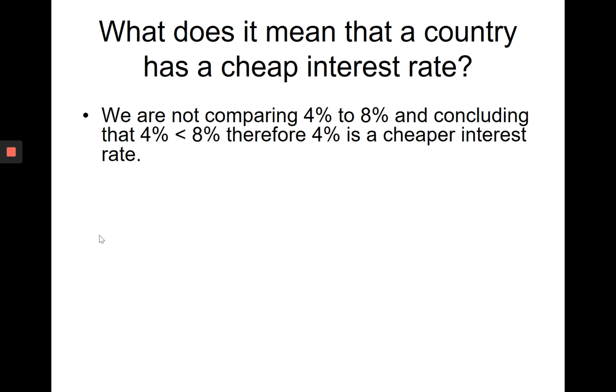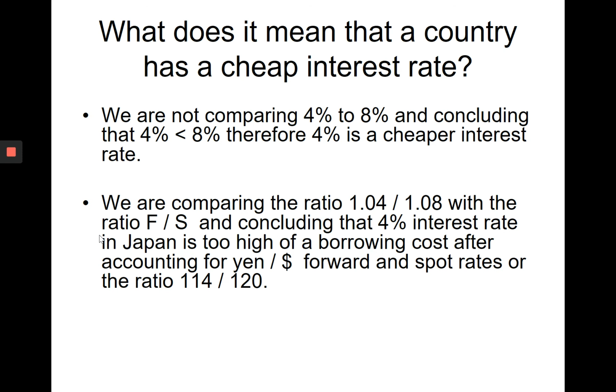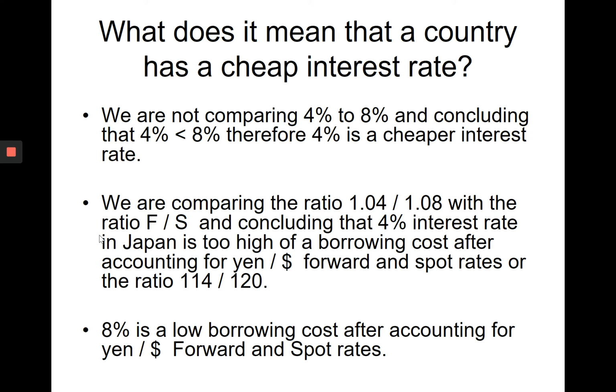Let's summarize this in this slide. What does it mean that a country has a cheap interest rate? It means the cost of borrowing capital is lower in a country. We are not comparing 4% to 8% and concluding that 4% is smaller than 8%, therefore 4% is a cheaper interest rate.